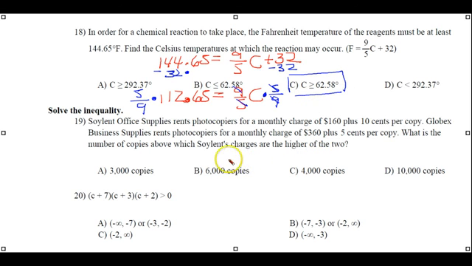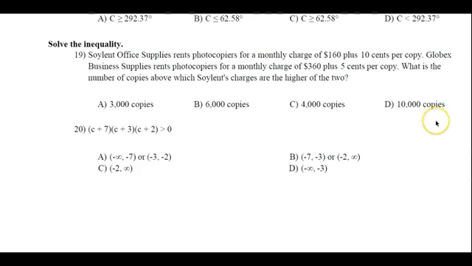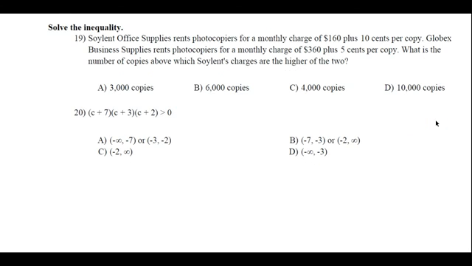Okay, let's go on. We're almost finished here to number 19. Here we have photocopies that if we rent, I guess we're setting this up as equations here.